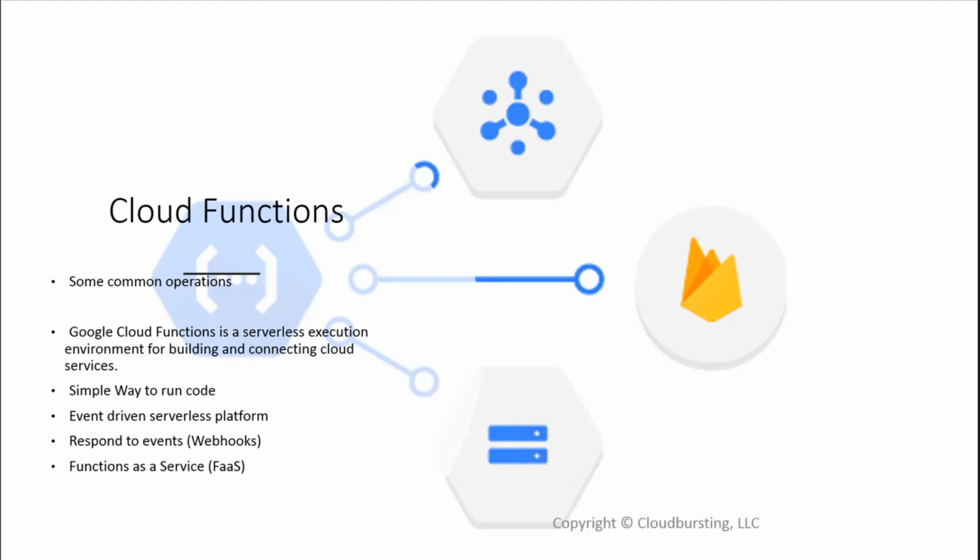But it really just comes down to understanding that with Cloud Functions, you don't have to worry about managing instances of servers or scaling up and down. It's going to be essentially automatic. It's all handled for you because it is a managed service.